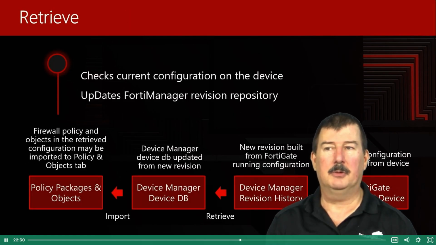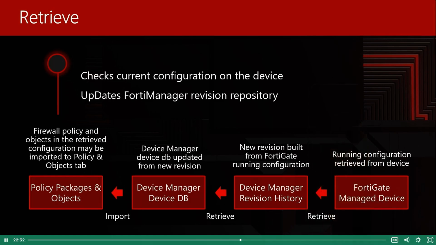When you retrieve, you want to check your current configuration on the device, which updates the revision repository. So what they're talking about here is being able to go out and say, okay, what is on your device? We need to pull that config. So we will look at the firewall policy and objects retrieved. Device Manager will update the database to the new version.